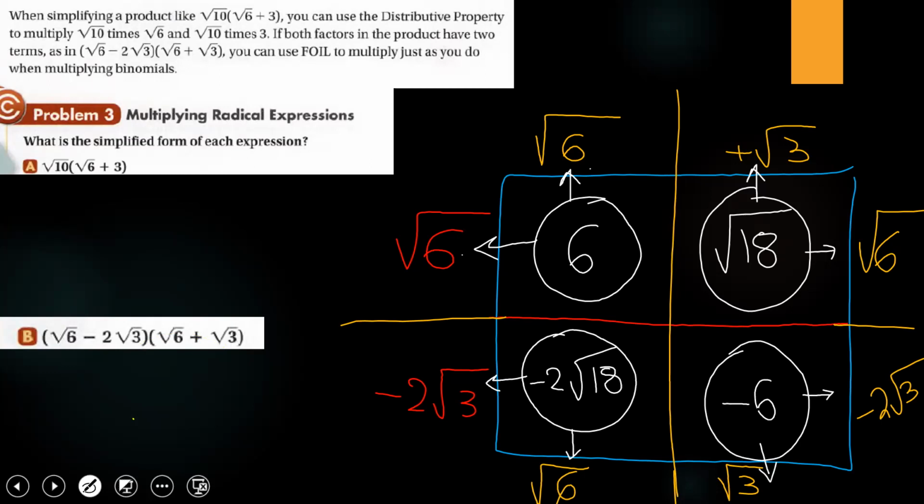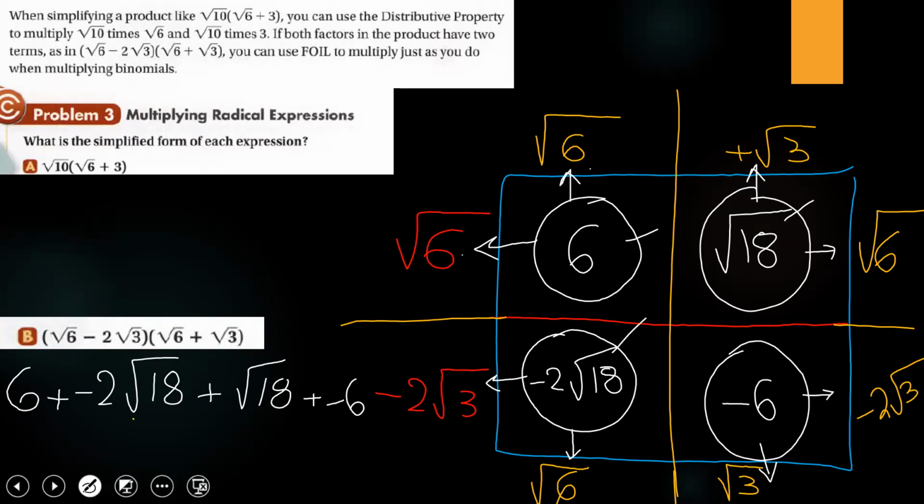Then after that, let's write all the terms. Let's now add them with each other. 6 plus negative 2 square root of 18 plus square root of 18 plus negative 6.